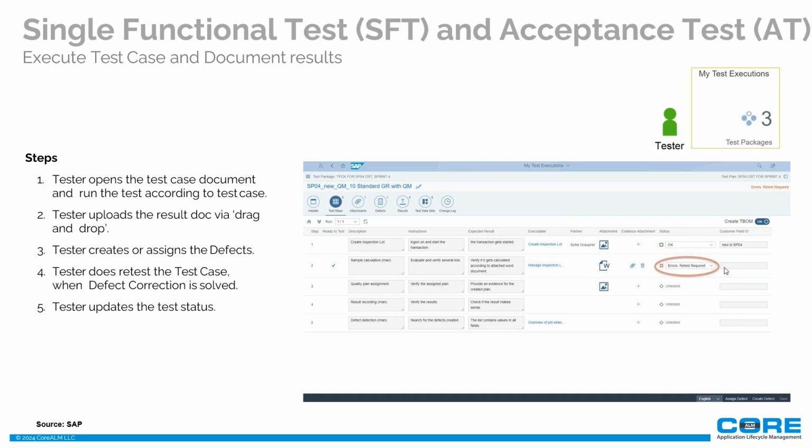And if I have an issue, I just change the status to error, retest required. From here, I can create a defect directly on this particular test case, or I can assign an existing defect if I know that this is a general issue that happened before. I can just assign a defect and not create a new one. And this is what the tester actually does in his work, right?